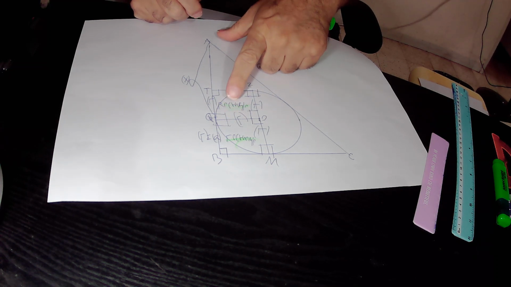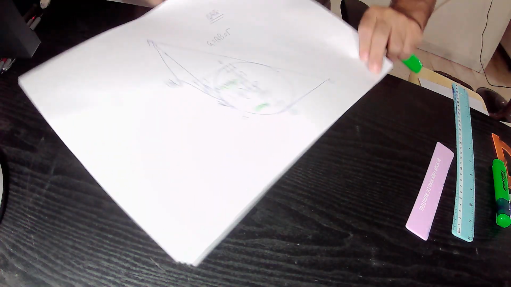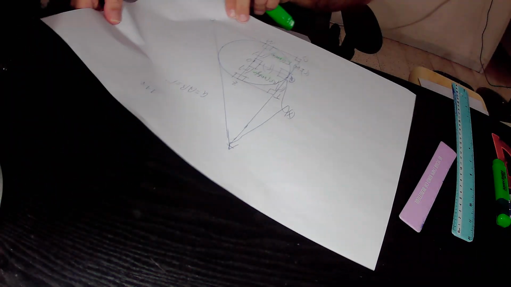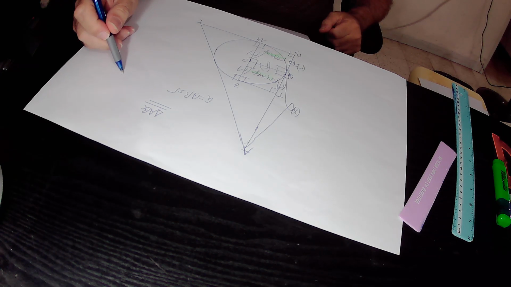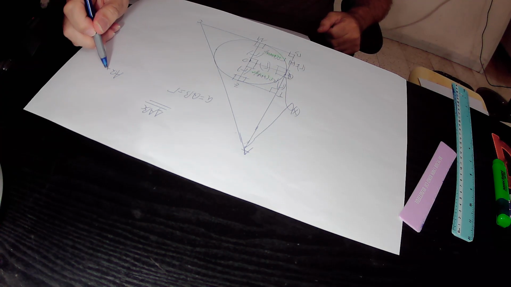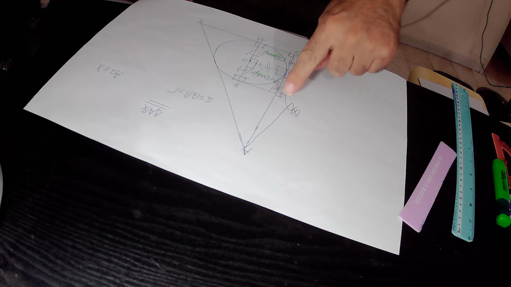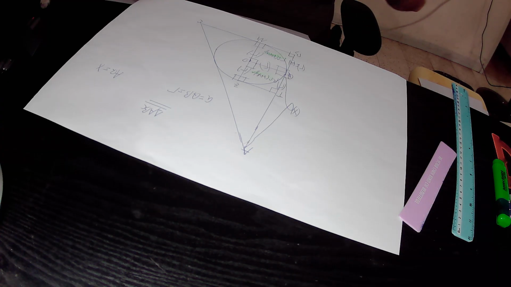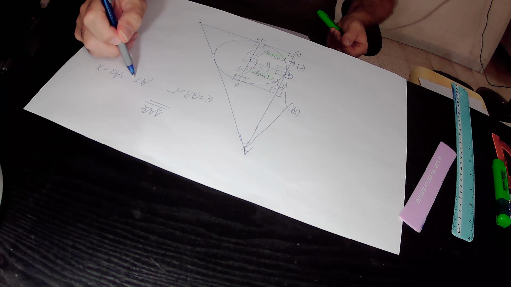TQ is R, therefore AQ in total equals AT plus R. So from one side, AQ equals X, but AQ also equals AT plus R. It consists of 2 line segments.